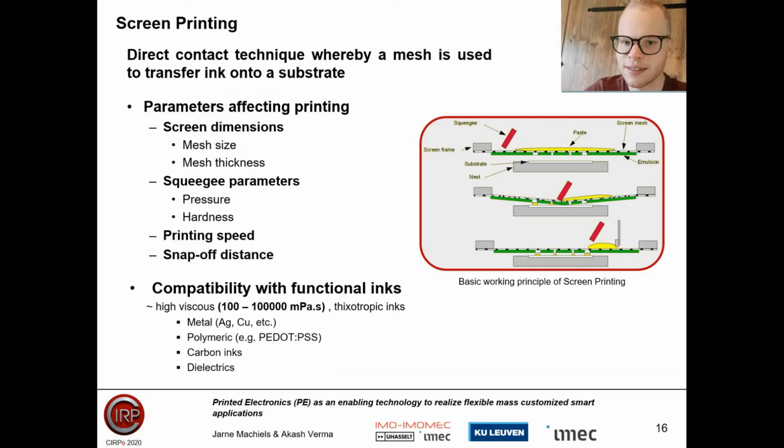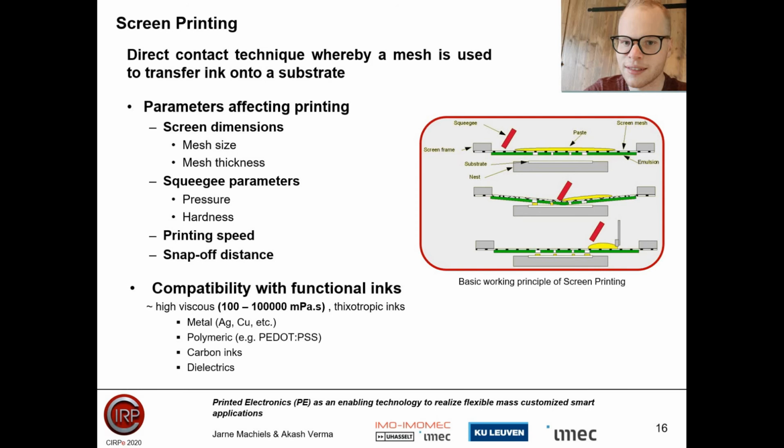Well, screen printing is a direct contact printing technique, transferring an ink onto a substrate by using a mesh screen. The screen printing process consists of two different steps. First of all, the squeegee, which is a rubber blade, is moved across the screen, thereby filling the mesh openings with ink. In this forward movement, the screen is momentarily forced to the substrate, and the ink is deposited by capillary forces.